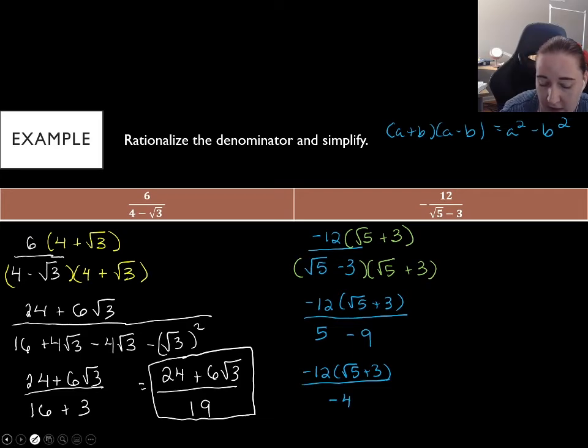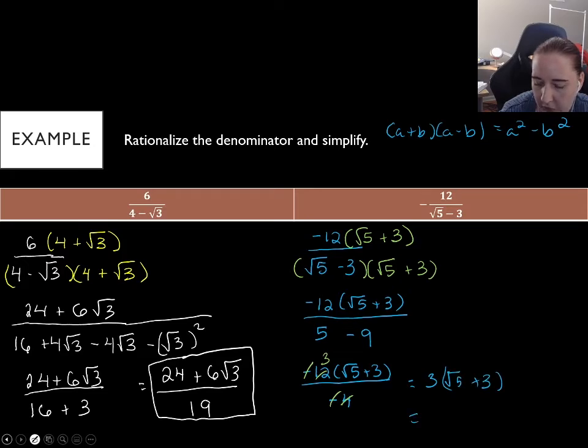So in this case, it was actually good that I waited to multiply the negative 12, because things will cancel. So first off, the negatives can cancel. The negative on top, negative on the bottom, they cancel. And I can divide the 12 by 4, which gives us 3. And so this would be 3 times, in parentheses, square root of 5 plus 3.